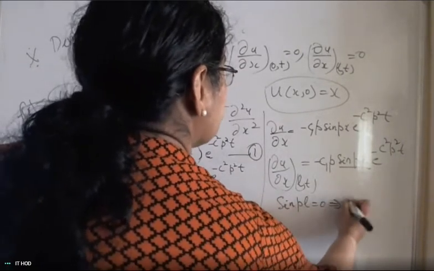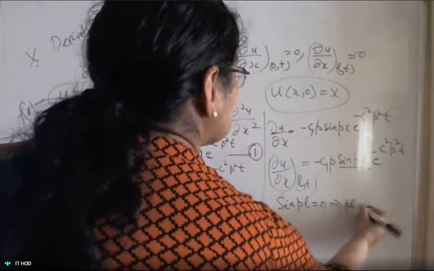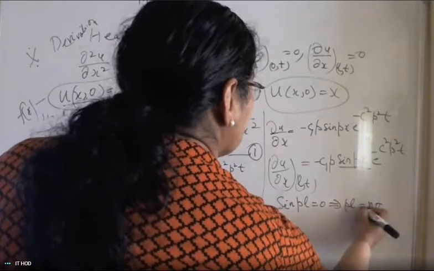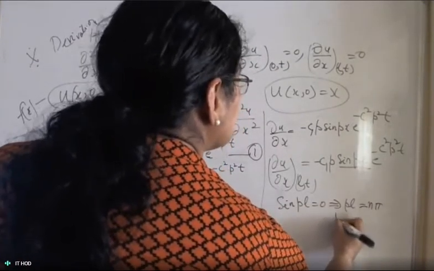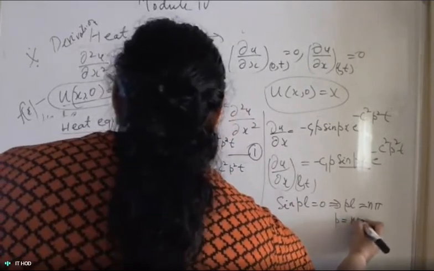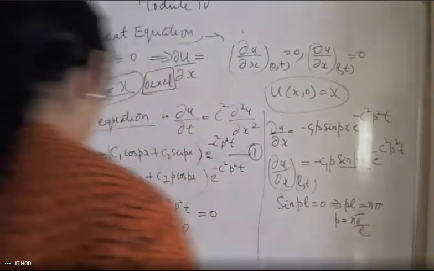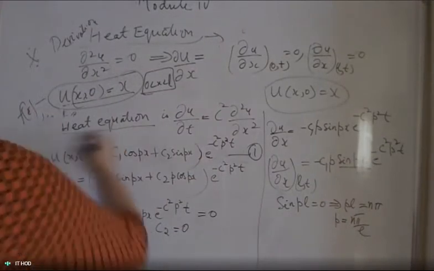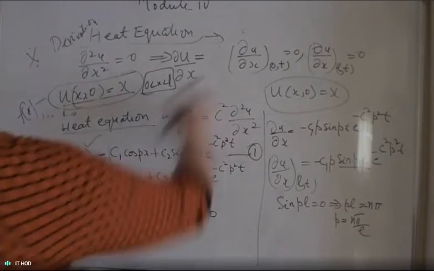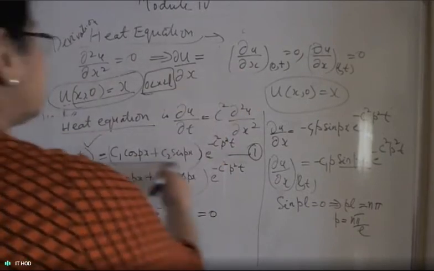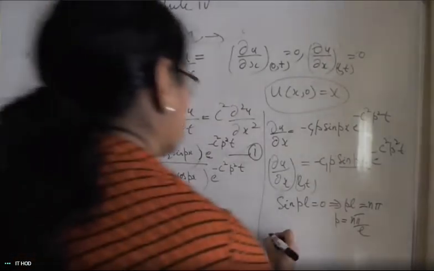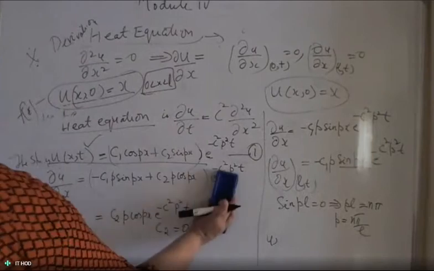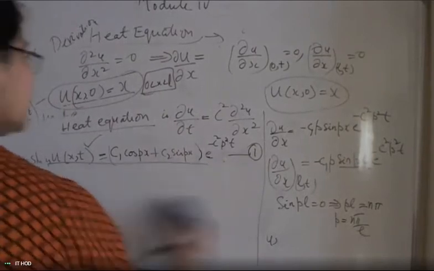That means PL is equal to n pi, so P is equal to n pi by L. Once you got that, you can write this u(x,t) again. We used those two conditions and we are going to rewrite u(x,t).